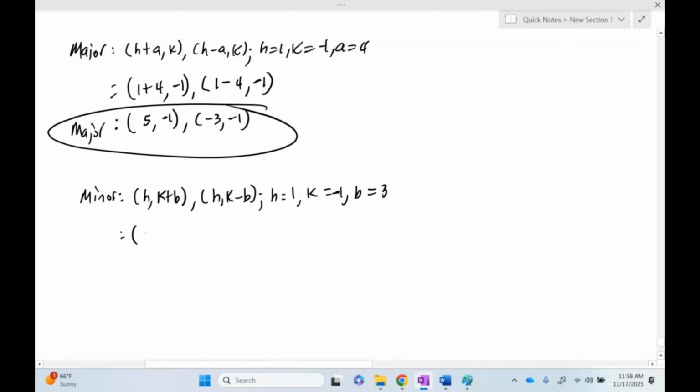This gives us (1, -1 plus 3) and (1, -1 minus 3). So we have (1, 2) and (1, -4). And those are the minor axis points.